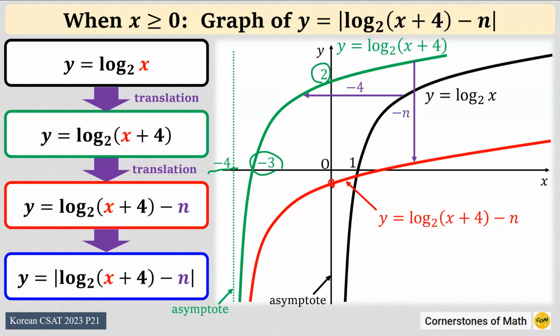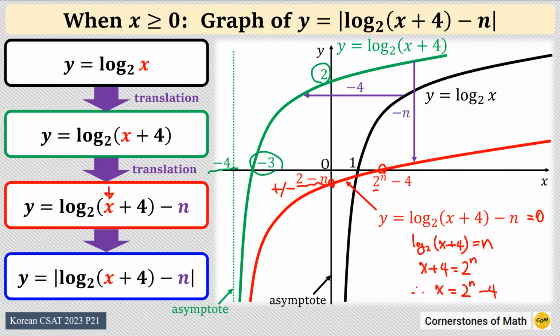This y-intercept, letting x equal 0, we know that it is 2 minus n, which can be either positive or negative depending on the value of n. This figure shows the case when it is negative. Also, for this x-intercept, letting y equal 0, we have log base 2 of x plus 4 equals n, so x plus 4 equals 2 to the power of n, therefore x equals 2 to the power of n minus 4.